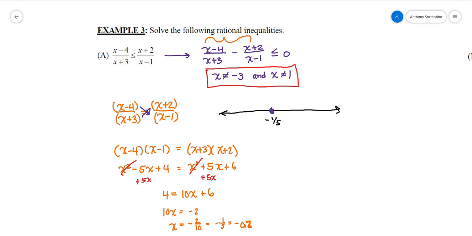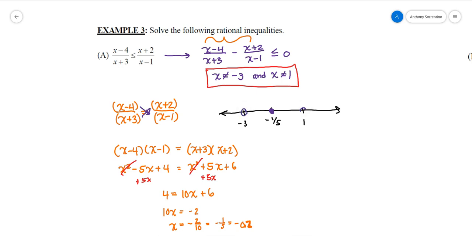Negative 3 and 1 are places where the graph could change from positive to negative without necessarily passing through a 0. So I'm going to put negative 3 and positive 1 on here, but they are going to be represented as open dots because I can't equal these values.